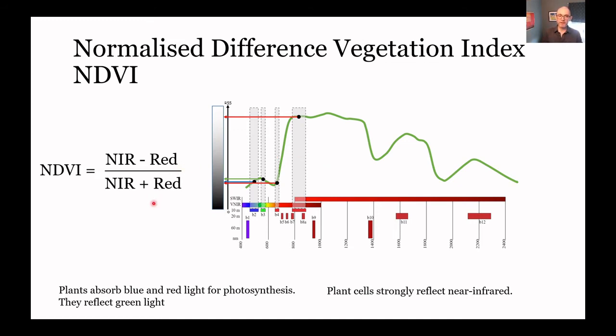And in order to get that relative change, we will normalize the strength of the light. Normalizing it by adding the strength of the near infrared and the strength of the red together. That's our normalizing number down here. And then we will normalize that difference.